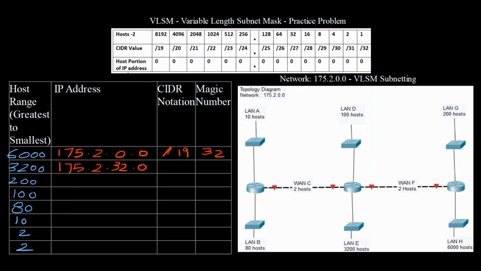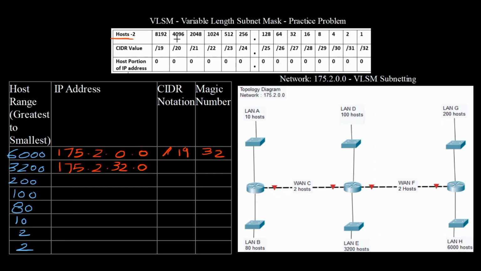For the local area network E, we are looking for 3,200 hosts. We go to the charts, looking for a CIDR with a host number matching or close to 3,200.